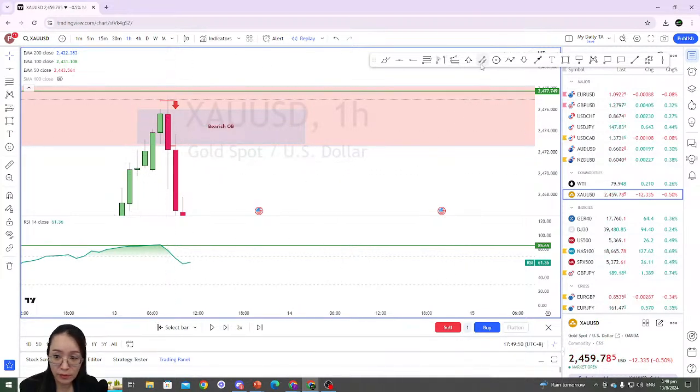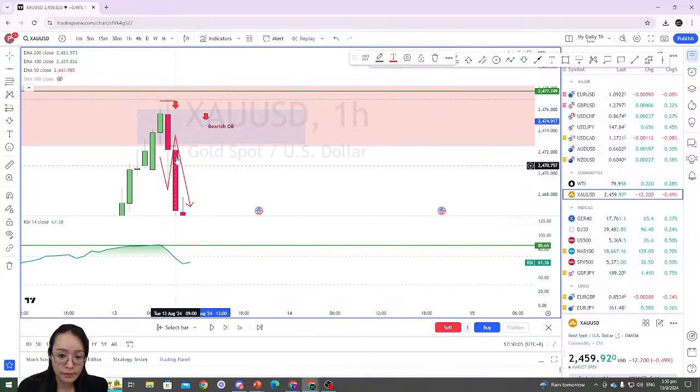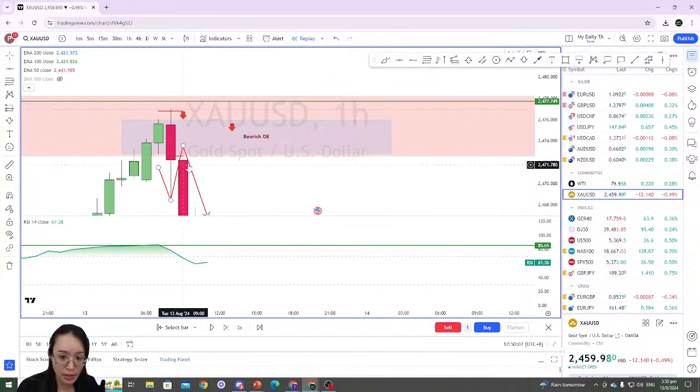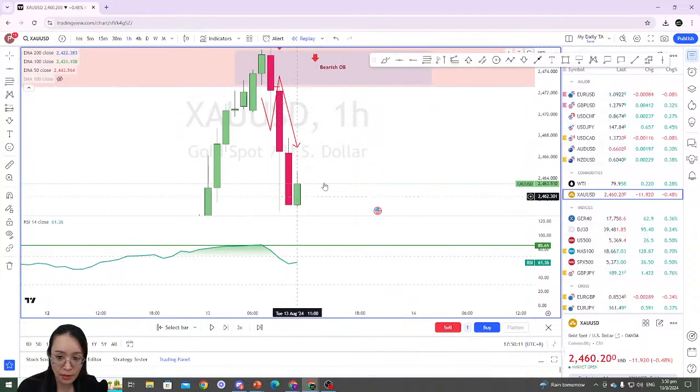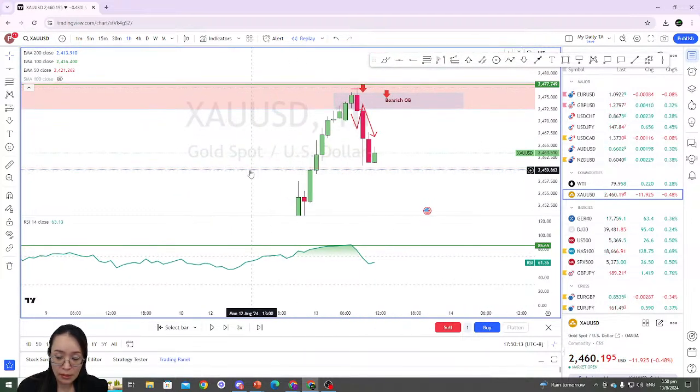Price ends, now pulls back, so you get your other sell entry, and then you continue to hold, because this is your sell zone. Your sell zone is going to be at the bearish order block here. You can see that price goes back up here, and then continues to fall from this candle and continues to fall.